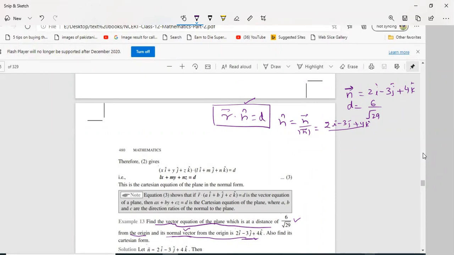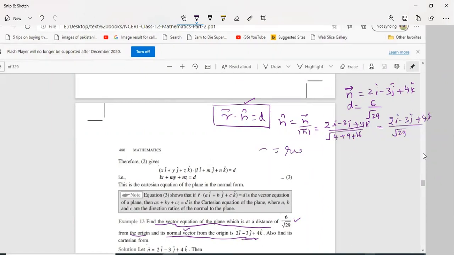Unit vector is the vector divided by its magnitude. So 2 square plus 3 square plus 4 square, under the root 29. Here it is under root 29, 2i minus 3j plus 4k.